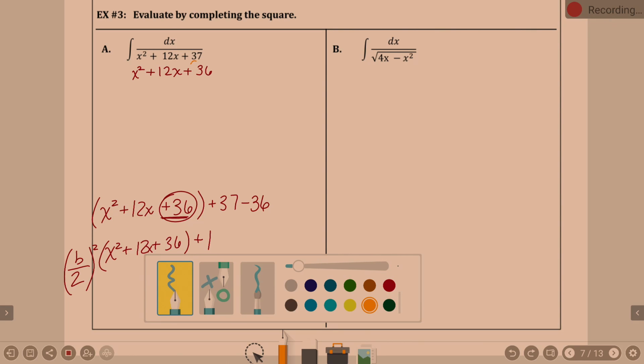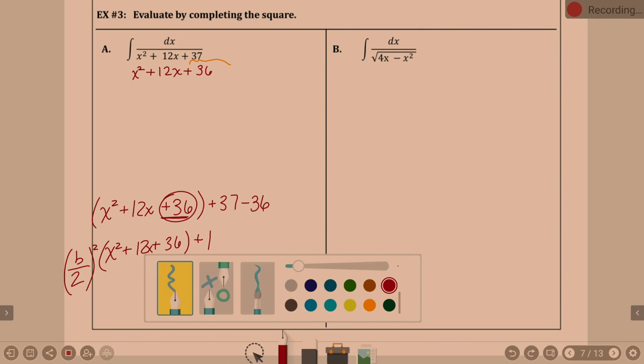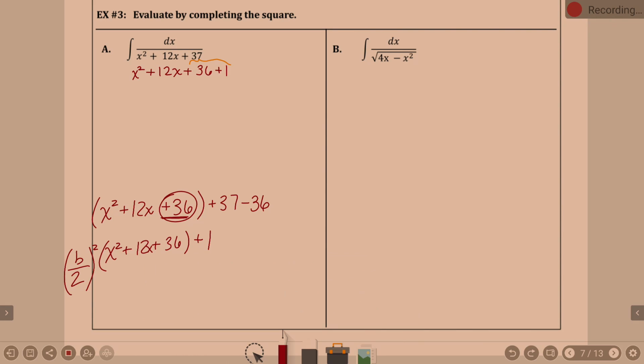In other words, you still need a plus 1 here. So that way you have your x squared plus 12x plus 36 plus 1. I haven't changed anything, have I? I just rewrote it in a different form. Are you seeing what I'm saying there? Yes. Okay.